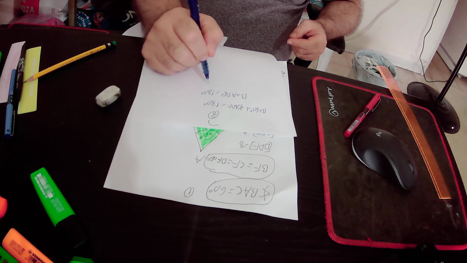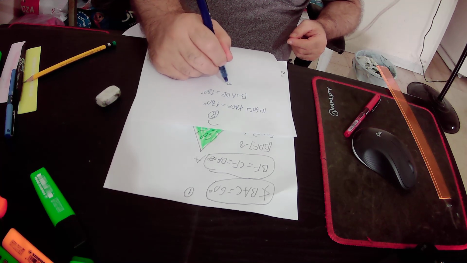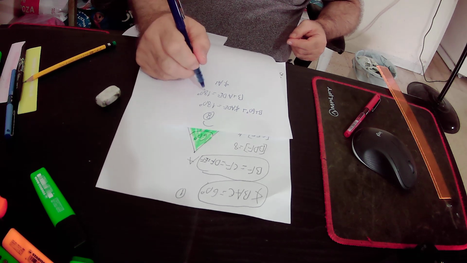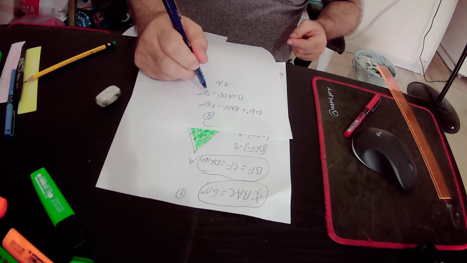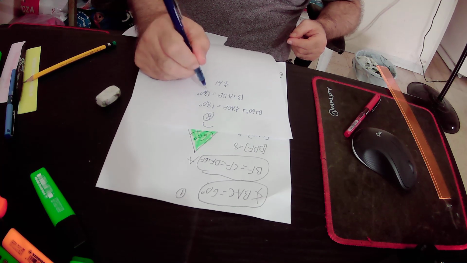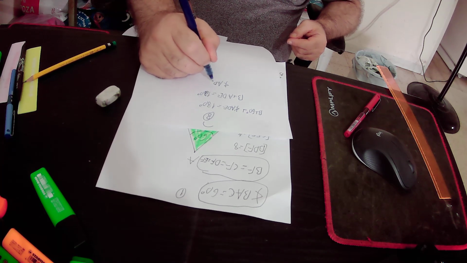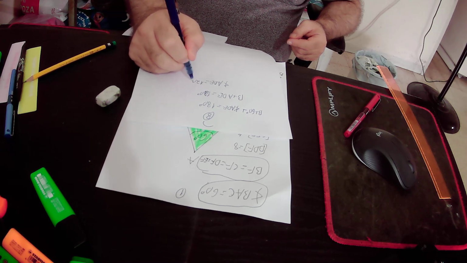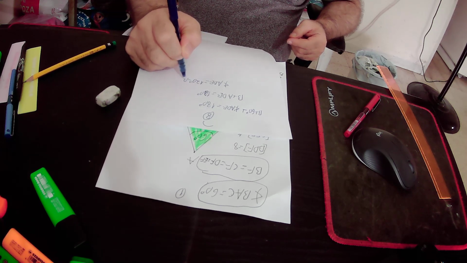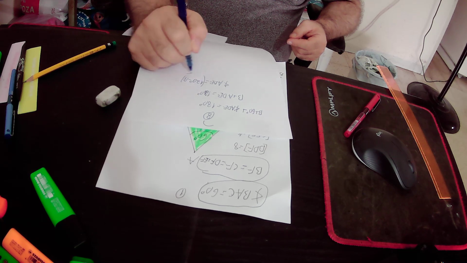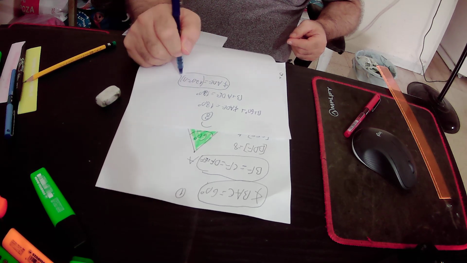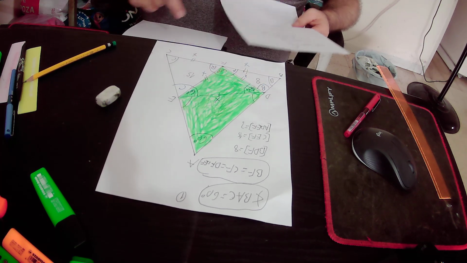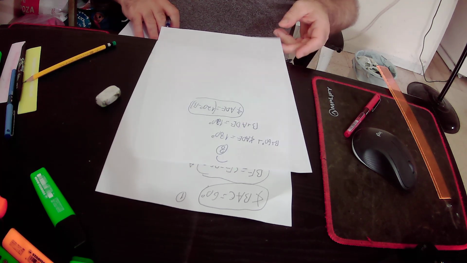We'll subtract B from this equality, and we'll get that angle ADE equals 120 degrees minus B. Okay, so we found out that angle ADE, this angle, equals 120 degrees minus B.